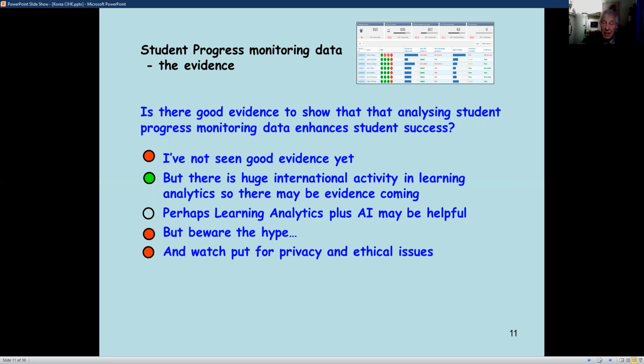And you also need to be extremely careful about privacy and ethical issues. So my message, I think, colleagues, is you must monitor the internet for developments. You must do your research on what might actually help at your university to effectively monitor your students' progress.